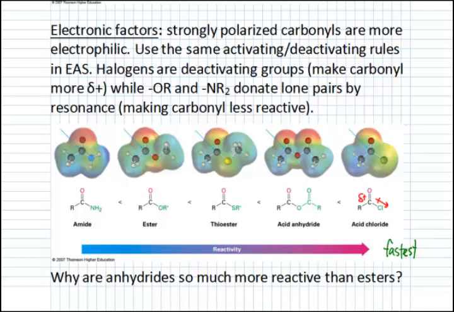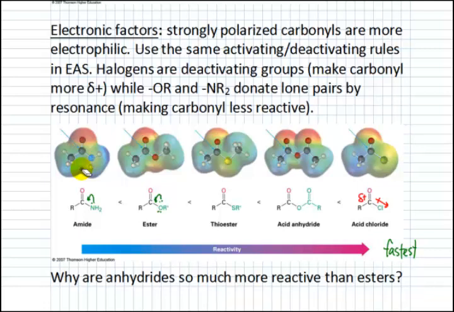We go over to the other side here, amides and esters. Those lone pairs donate in by resonance. So that makes the carbonyl less positive. If we look at the electrostatic potential diagrams here, it's a little tough to see, but on the acid chloride, it's green. Over here on the amide, it's much closer to blue. It's subtle, but the difference in reactivity is really fairly dramatic.